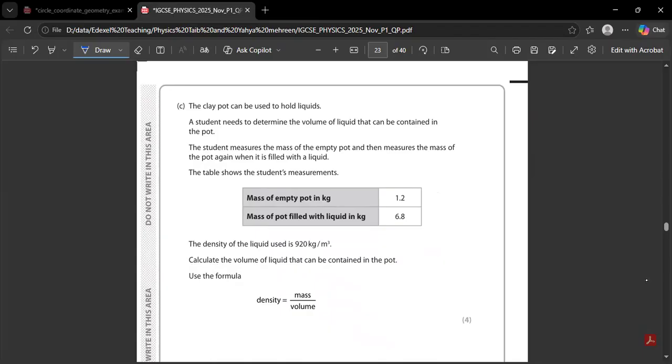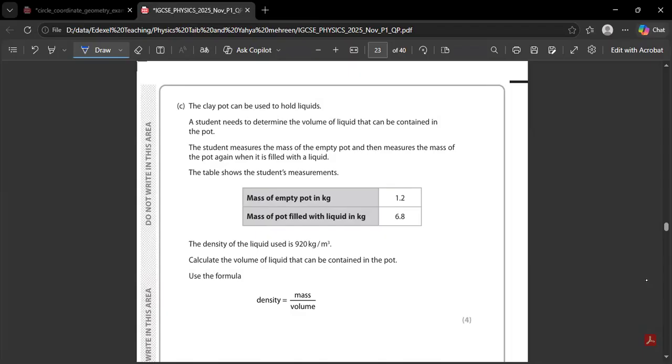Now the next part of this question says that the clay pot can be used to hold liquids. A student needs to determine the volume of a liquid that can be contained in the pot. The student measures the mass of the empty pot and then measures the mass of the pot again when it is filled with a liquid.